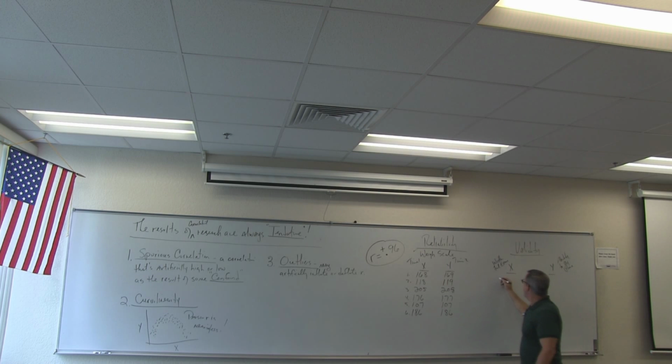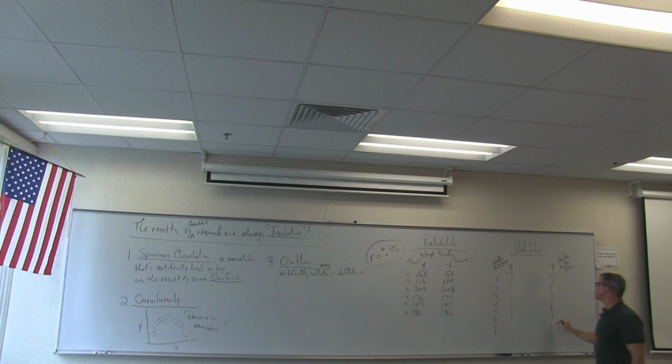So this flight school has amassed all this data over all these years, correlating the written final exam scores with the solo score, the ability to fly the plane. Let's say they computed a Pearson R of positive 0.94.